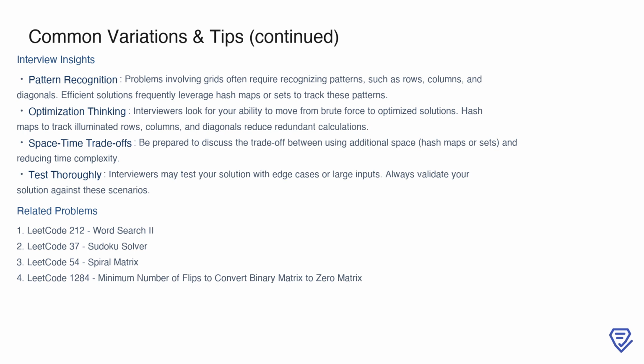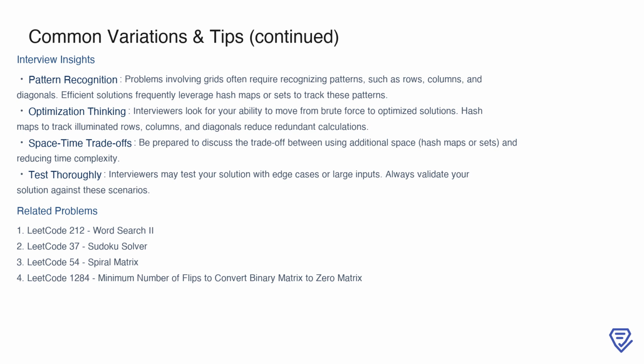It's also crucial to understand space-time trade-offs. While hash maps and sets help optimize time complexity, they require additional space. Be ready to discuss these trade-offs with your interviewer. Additionally, thorough testing is key. Interviewers may challenge your solution with edge cases or large inputs, so always validate your algorithm against such scenarios.